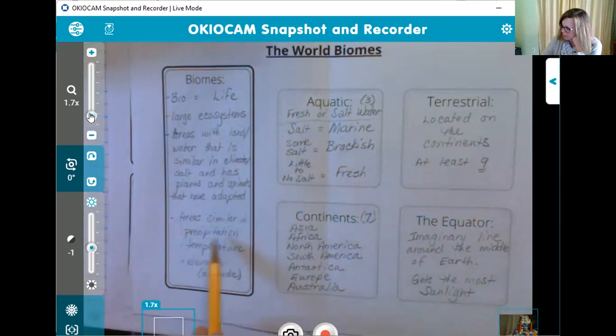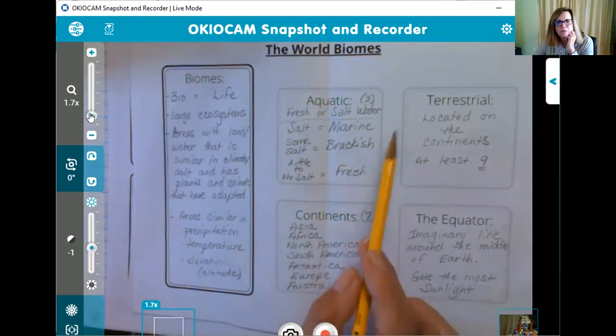In other words, the same amount of rainfall falls in that same biome. Either it gets a lot of rain or a little rain, or even amounts of rain, normal rainfall. And its temperature is even. So it's either a hot place or a cold place or a warm place. And the elevation is similar for that biome. So in other words, it's in the mountains or it's a flat area.